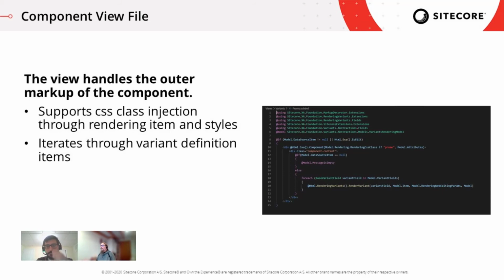And if you compare the view file for the rich text editor rendering with a promo rendering, for example, you will see that it's more or less exactly the same. The only thing that is done is the default here that is used once you have not assigned a CSS class to the rendering item directly. It will fill it up here with this default.